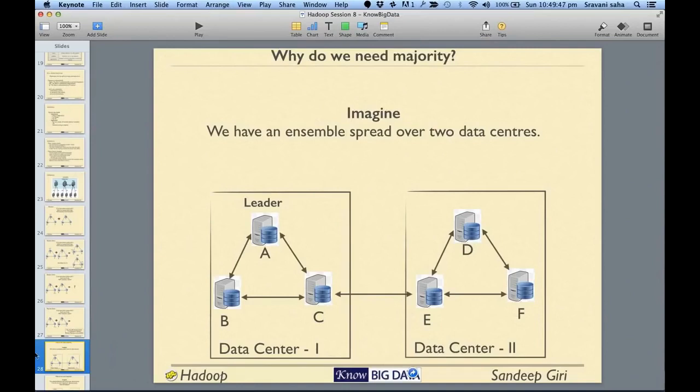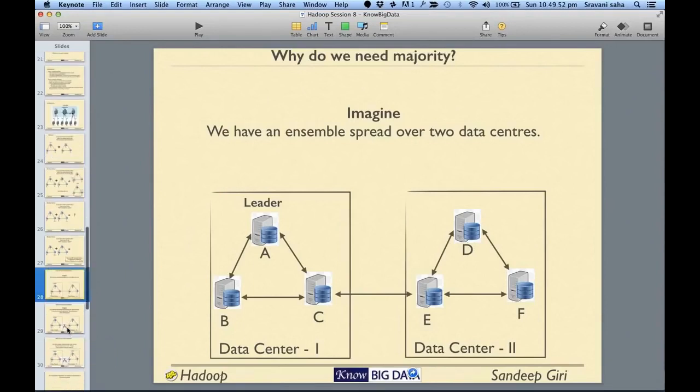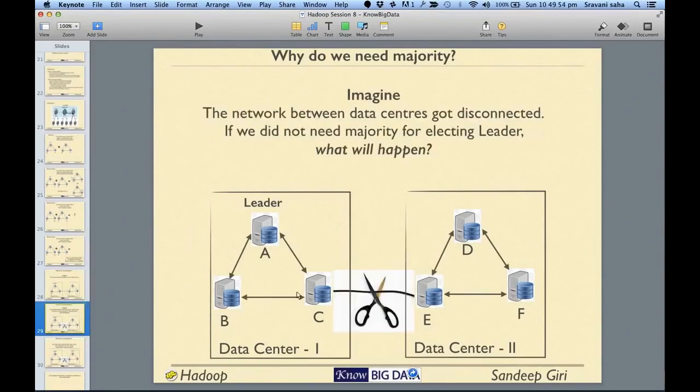Now imagine that we did not have this 50% rule, and the cord between the 2 data centers gets disconnected. If we cut the cord between the 2 data centers, what will happen?